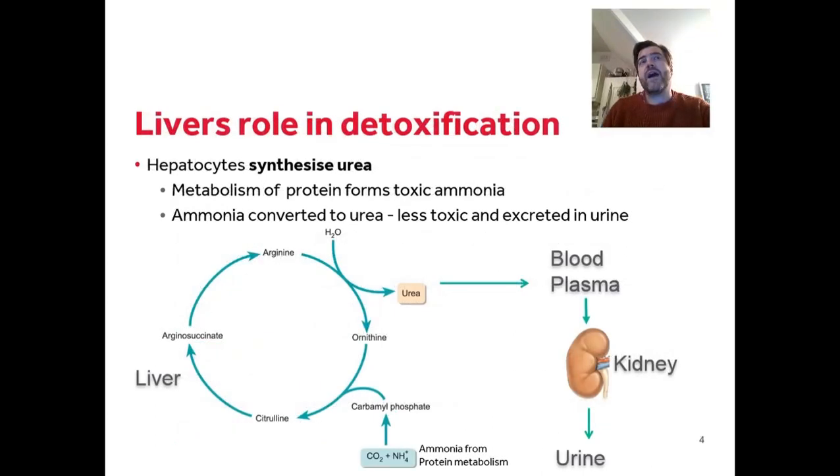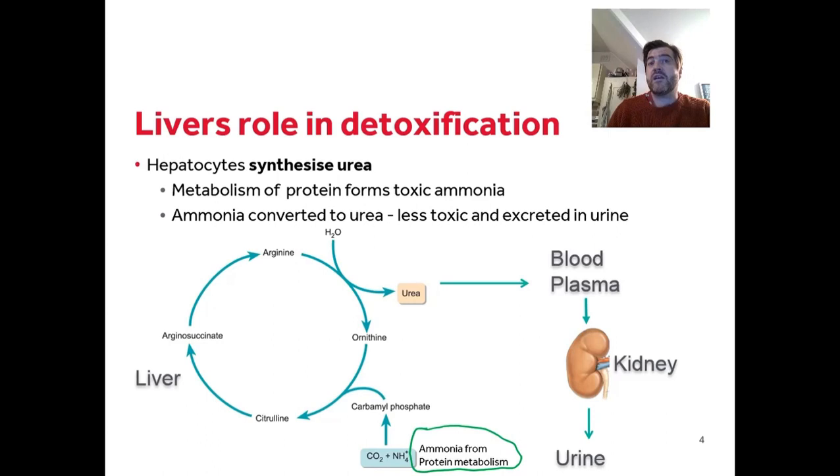Talking about all these proteins being produced by the liver brings us round to a role of the liver that many of us are already familiar with, and that's the role in detoxification. One of the primary functions of the liver is to protect us from ammonia produced by protein metabolism.